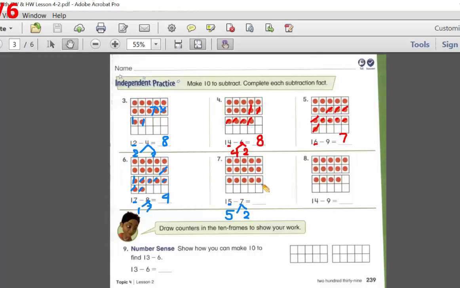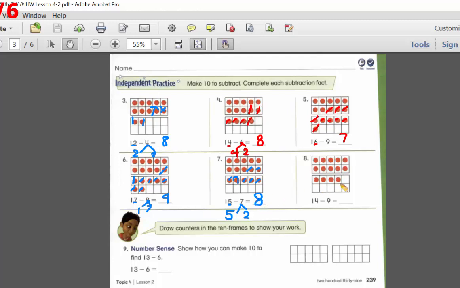So first, I will cross 5. And then I will cross 2 more, the other part of 7, because I want to cross out 7 in all. So how many left from 15? 8 counters left.